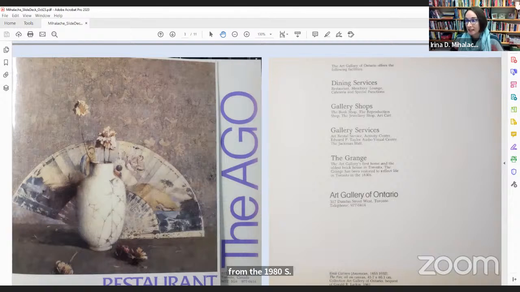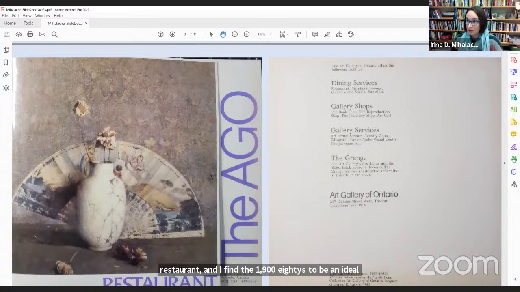I find the 1980s to be an ideal time in the history of this museum to look at its foods, because the museum had just undergone one full decade of major transformations in terms of its architecture, exhibition practices, collections, but also hospitality.